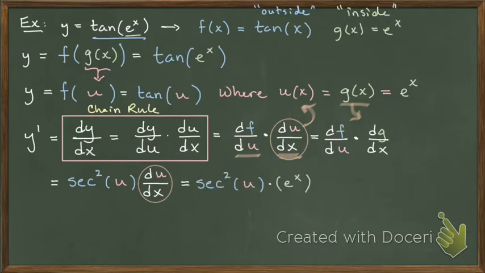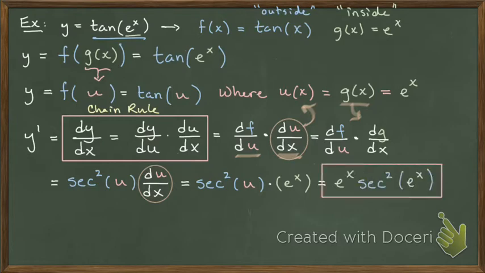And then all I have left to do is rewrite what u is, and that's just my e to the x. If we zoom out a little bit, the derivative of tangent of e to the x is secant squared of e to the x times the derivative of e to the x. I've got to multiply by the derivative of the inside function, and that's where this second e to the x comes from.